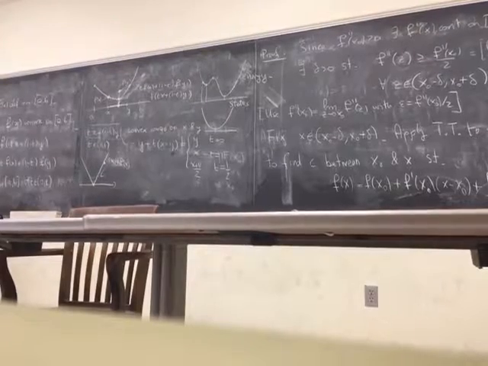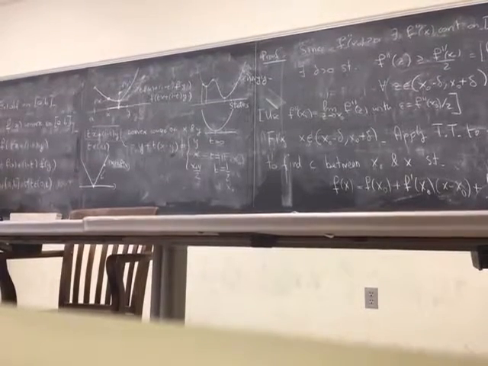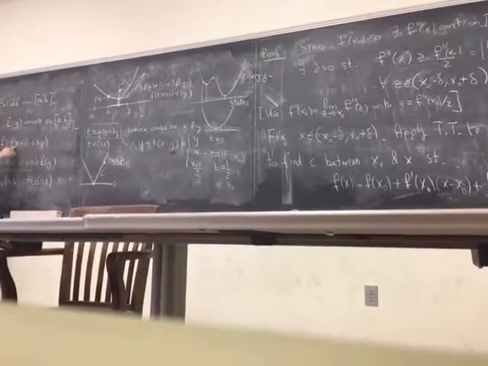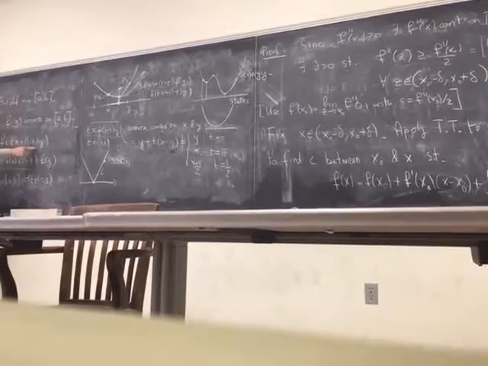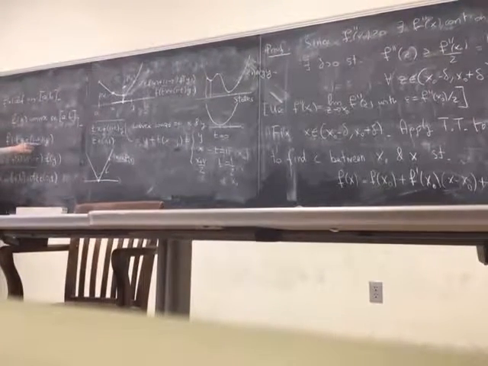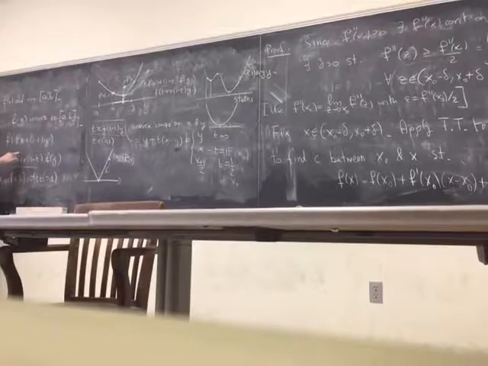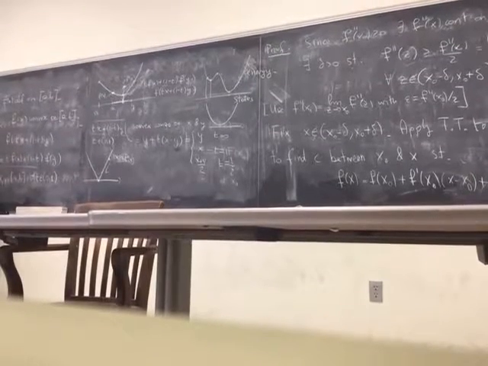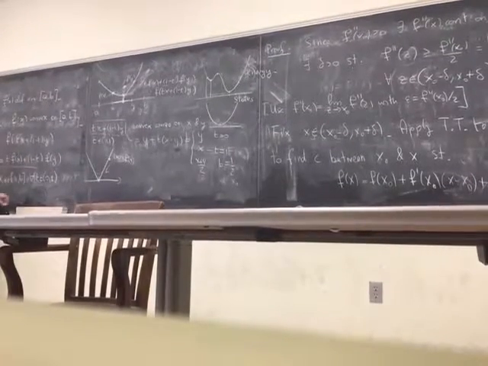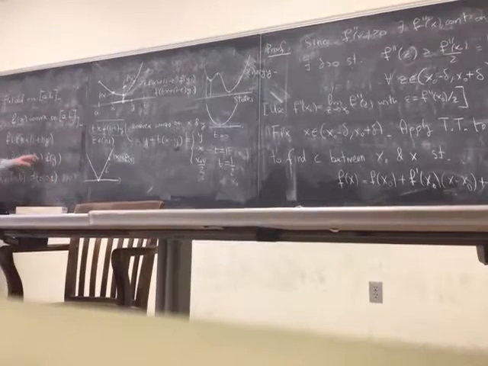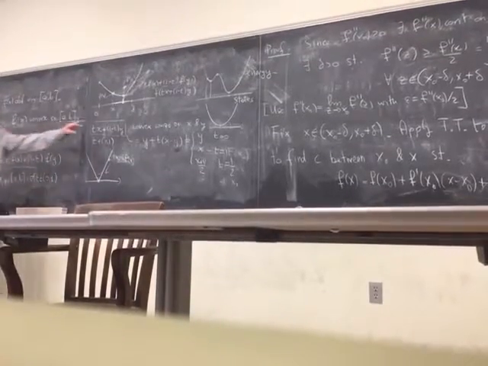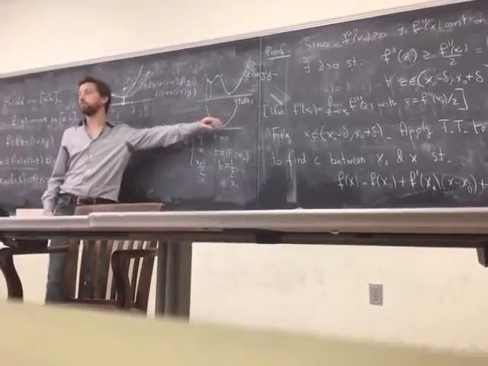Okay? And that's exactly the definition of convexity. If you take two states and you compute the energy of an intermediate state, the energy of the intermediate state is less than the convex combination of the energies of the two states. So that's exactly the kind of assumption that makes this kind of dynamical analysis possible in a lot of cases.